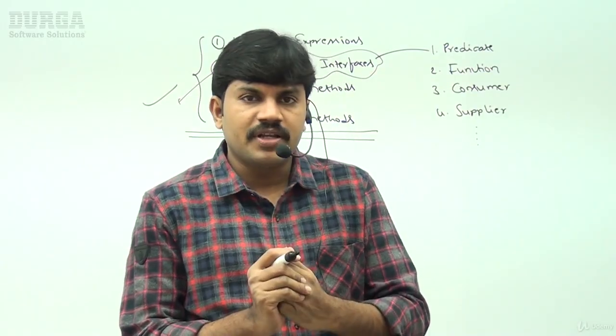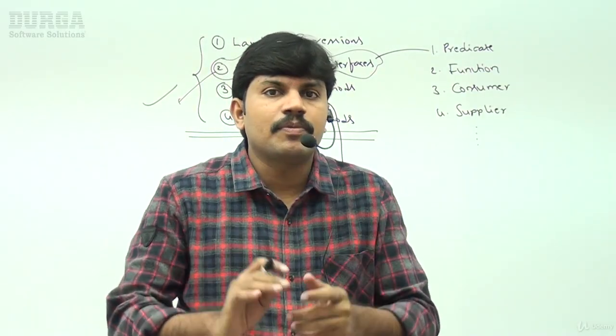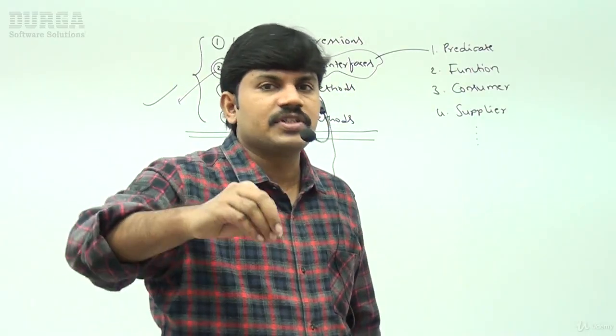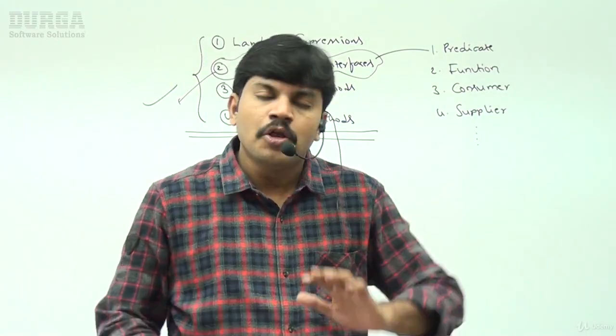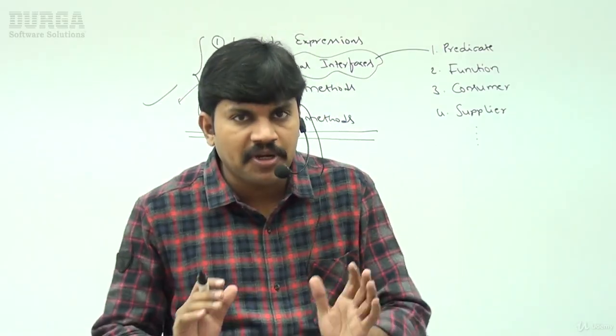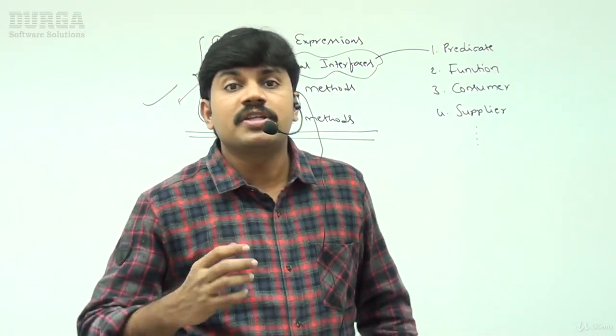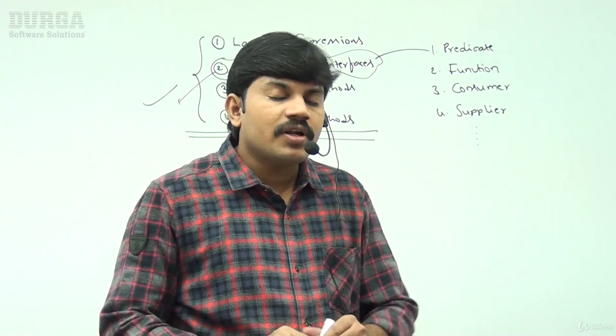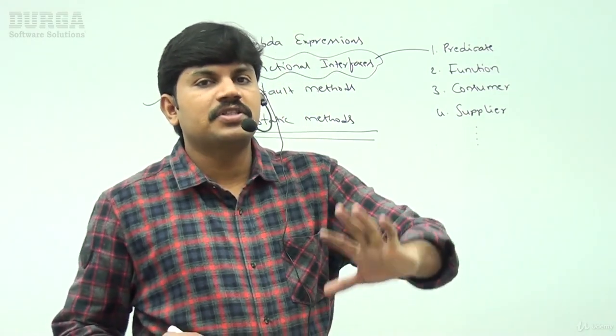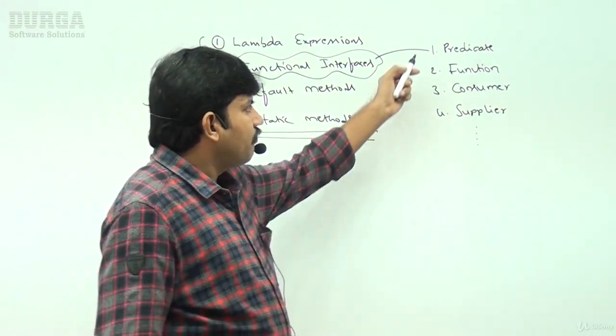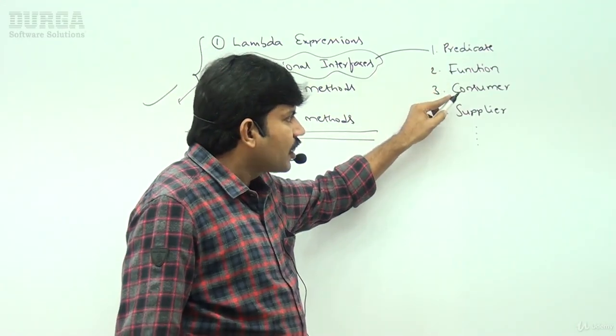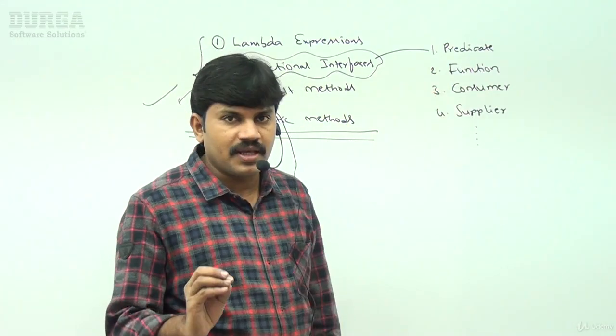Now in the 1.8 version, Java people provided some predefined functional interfaces for us. We can use them based on our requirement. What are the main important functional interfaces? Predicate, Function, Consumer, and Supplier.